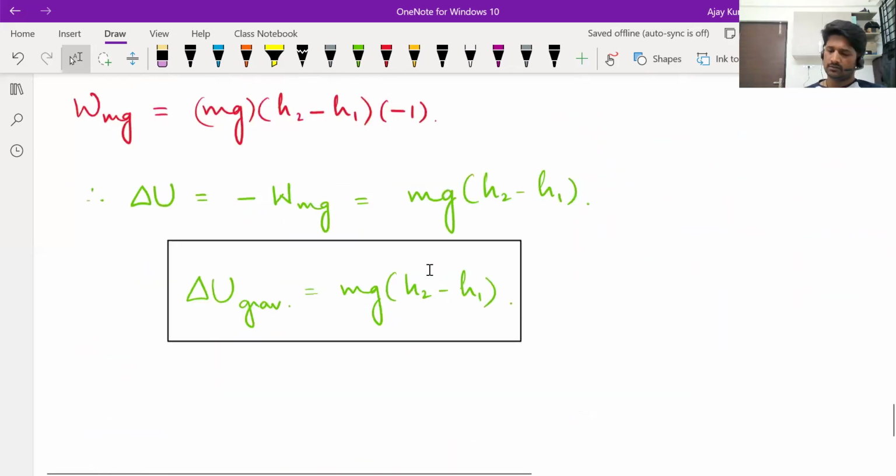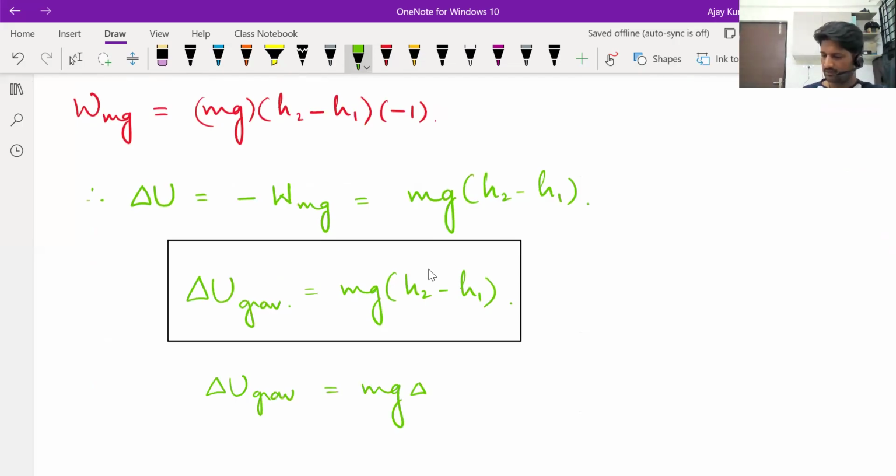So you can write the formula for change in gravitational potential energy as mg into delta h, the height by which something rises. And if delta h is positive, the change in potential energy will be positive. If delta h is negative, the change in potential energy will be negative.